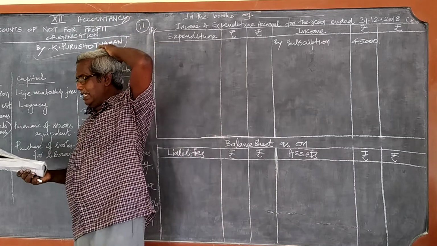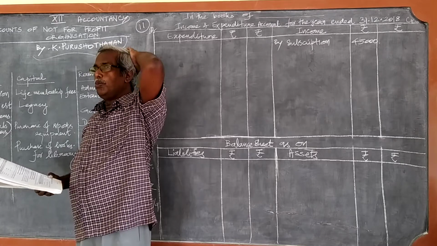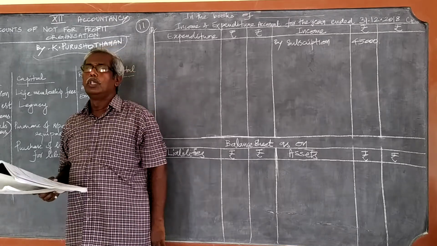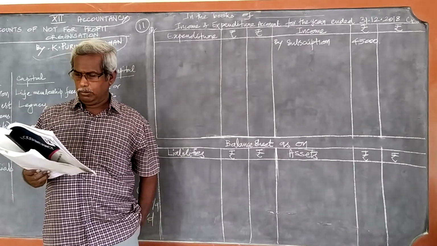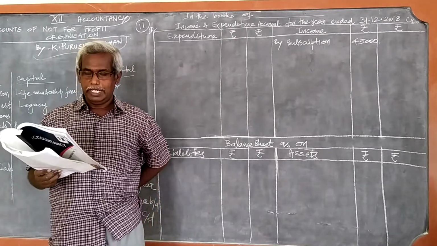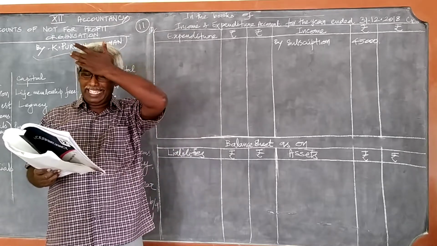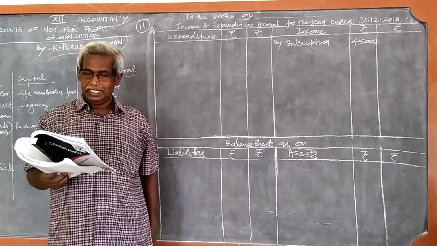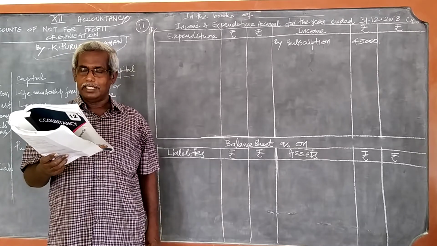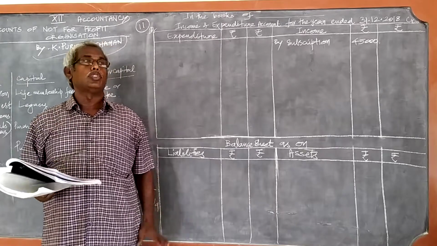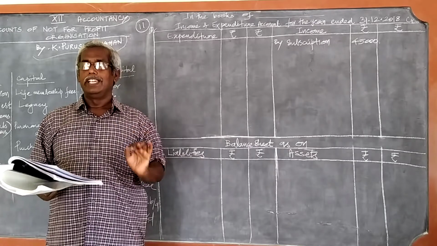And there is a tabular column given. Listen very carefully. I hope you are having the textbook with you while you are listening to the video. Yes, now there is a tabular column given under problem number 11. You see, on 1/1/2018 outstanding 3,000 and 31/12/2018 the same outstanding is 5,000. You should remember clearly what is there.